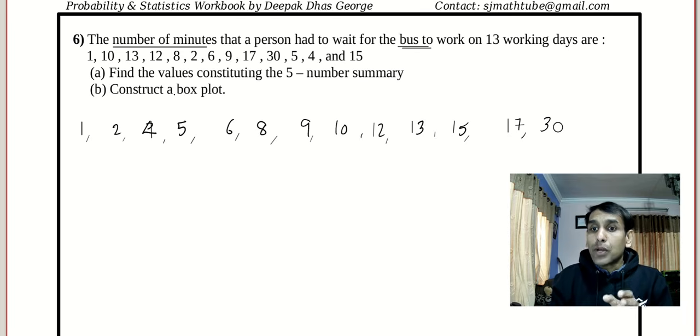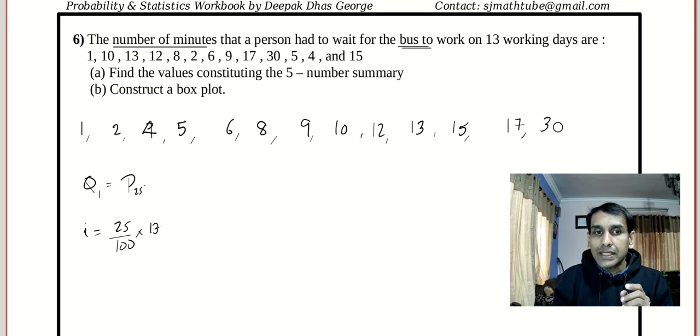Now to make a box plot or a 5-number summary, we need the minimum value, which is readily available, and the maximum value. Now quartile 1, quartile 2, quartile 3. Quartile 1 means you have to find the index because it is percentile 25. The index will be 25 by 100 multiplied by the number of items, that is 13.